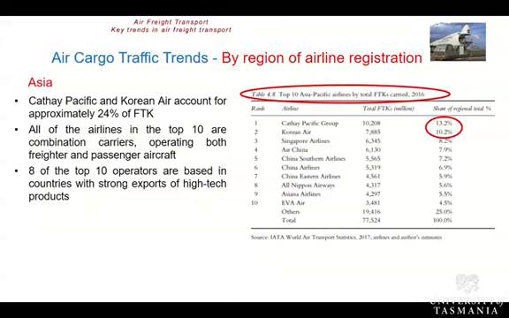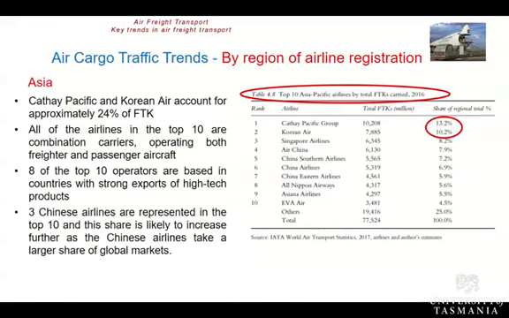So I think you could easily say that all those countries are strong performers in terms of exports of high-tech products. I guess one of the interesting characteristics of this particular lineup here is that 3 Chinese airlines can be found in that top 10.